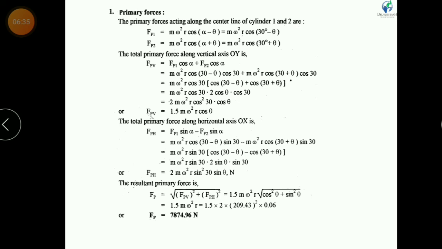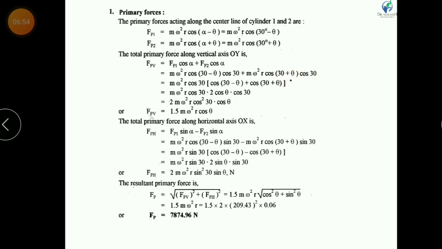If we put in the values, we get this equation: m omega square r into cos in bracket 30 minus theta into cos 30, plus m omega square r cos in bracket 30 plus theta into cos 30.